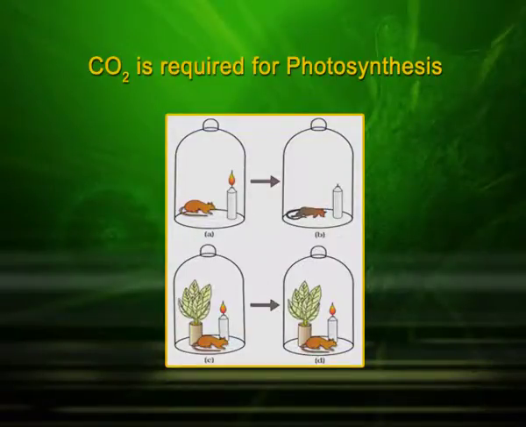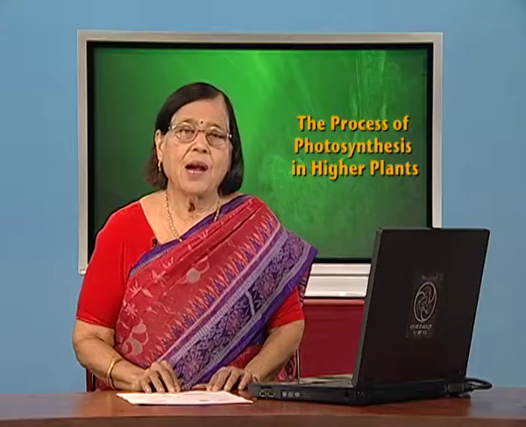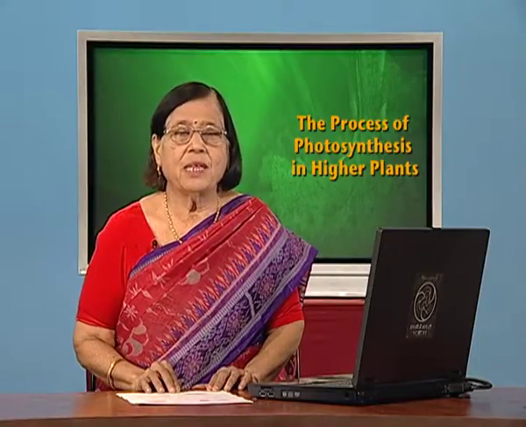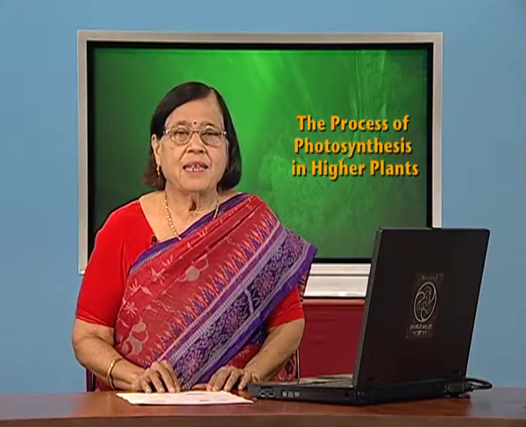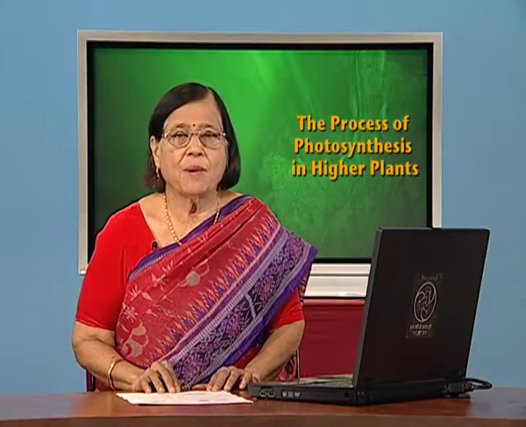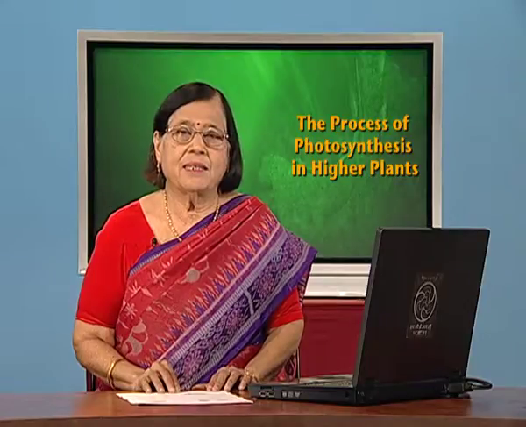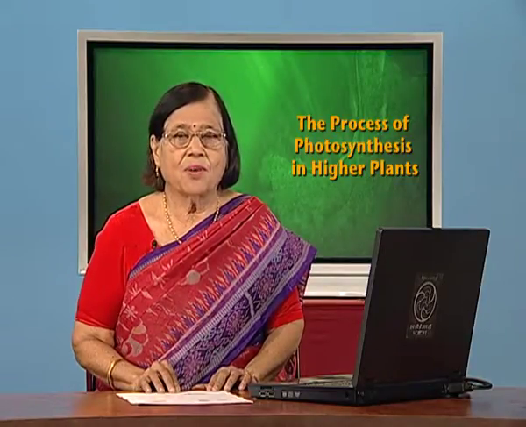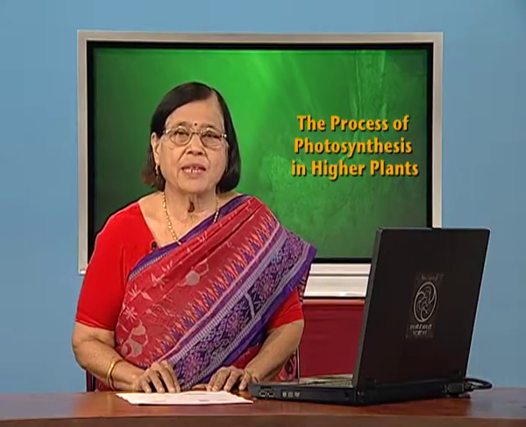In the bell jar, there is one candle burning, one rat alive and one small mint plant. Now, if you use your past knowledge, the rat is utilizing oxygen for respiration, giving out carbon dioxide. The candle is using oxygen for burning and giving out carbon dioxide.